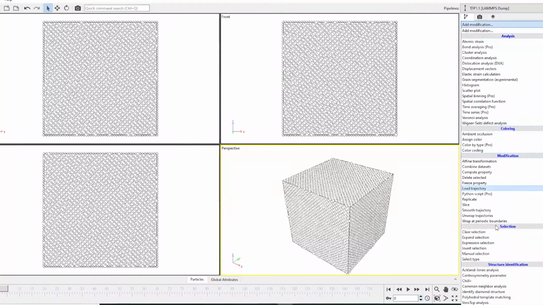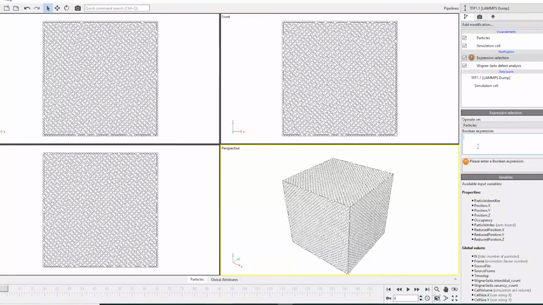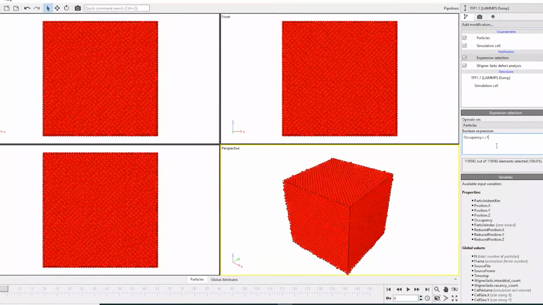So select the expression: Occupancy equal to 1. Initially I have selected all the atoms. Occupancy equal to 1 means those atoms which are at their original position. So I'm highlighting these atoms only.